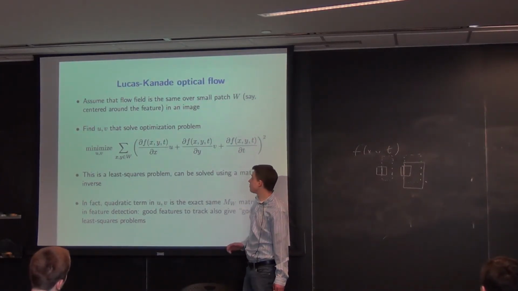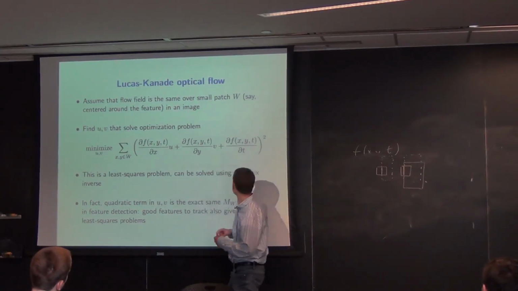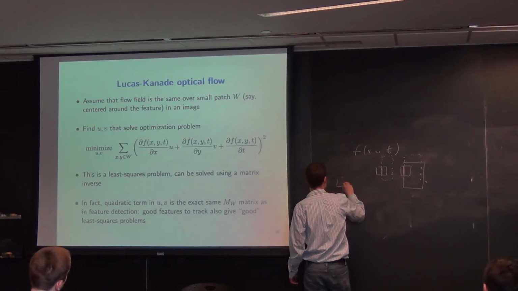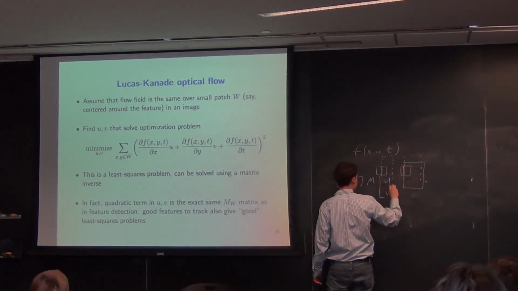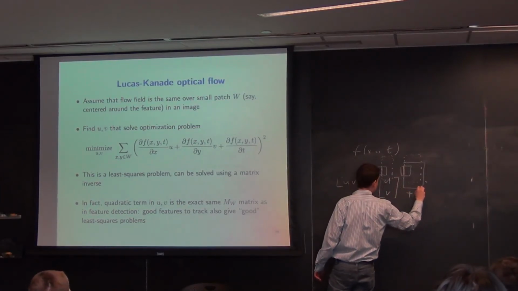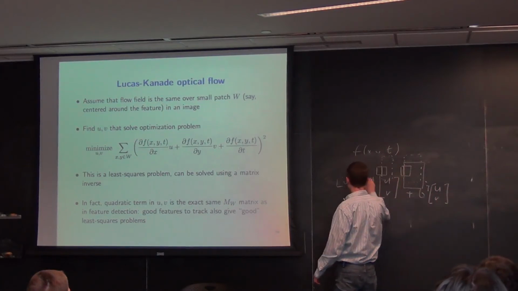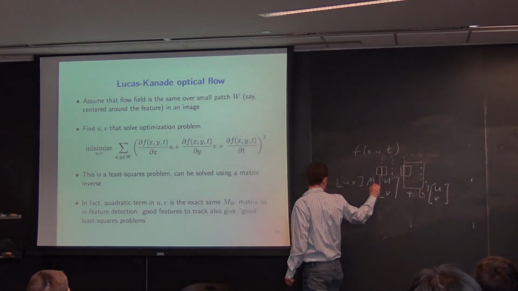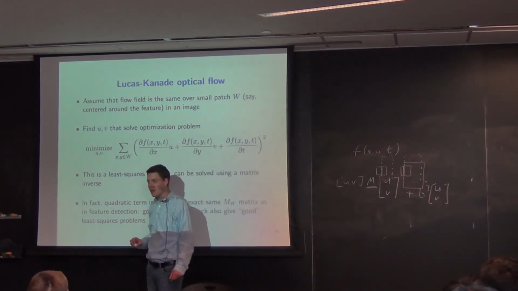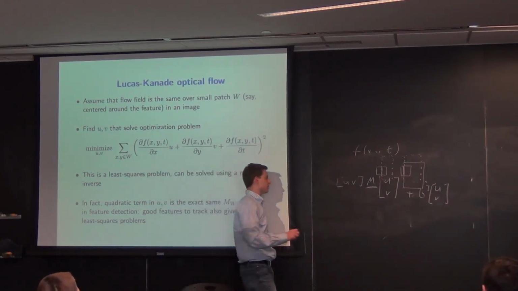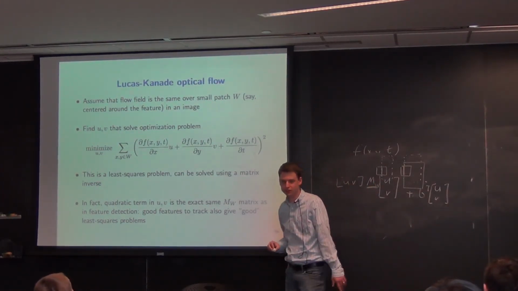Actually, even cooler than that, what turns out is that if you look at the quadratic term in u and v, if you were to write this as (u,v) times the matrix M times (u,v), there's also going to be a linear term, plus b transpose (u,v), etc. But if you look at this matrix here, it is exactly the same M_W matrix that we had in the case of corner detection.